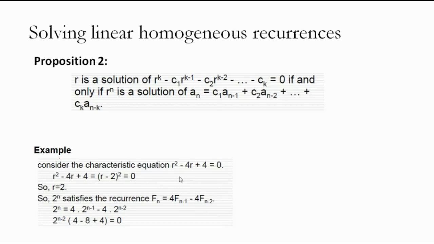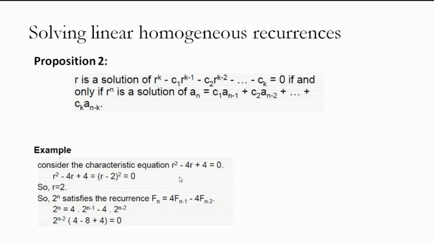And based upon the degree that you have identified, you convert it into the linear fashion. So now, the r is equal to 2, this is the root here. So 2 power n satisfies, that is r power n. So here, if and only if r power n is a solution of an, this one, 2 power n satisfies the recurrence fn is equal to 4 fn minus 1 minus 4 fn minus 2.